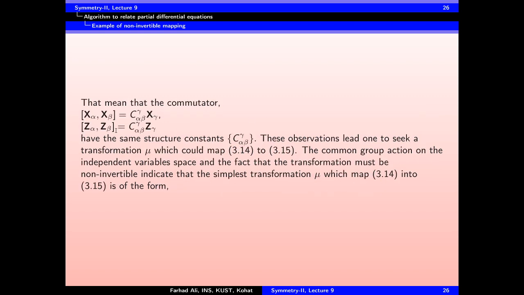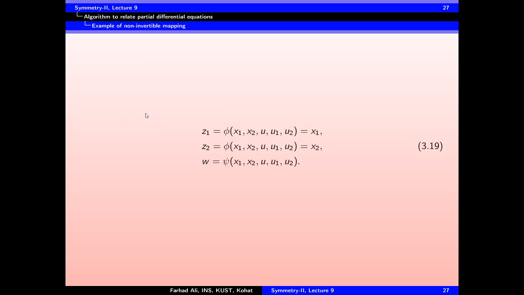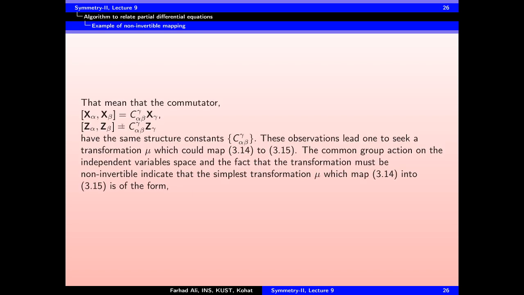Now we have these commutation relations. You all know what commutators are, and this is the commutator. This is in the given space and this is in the target space. Why do we say that the structure constants are the same for both the given space and the target space?